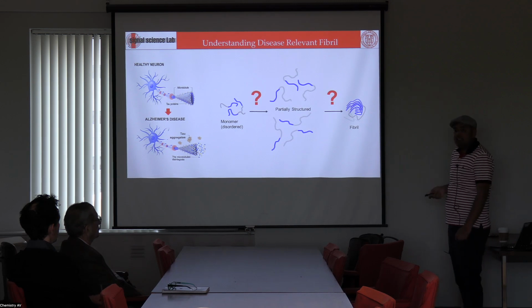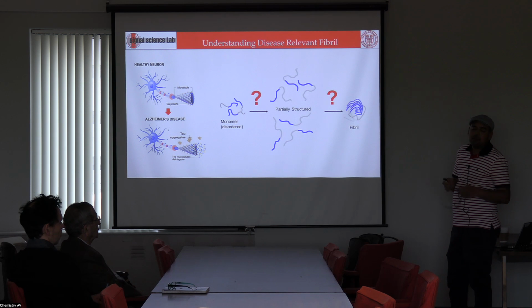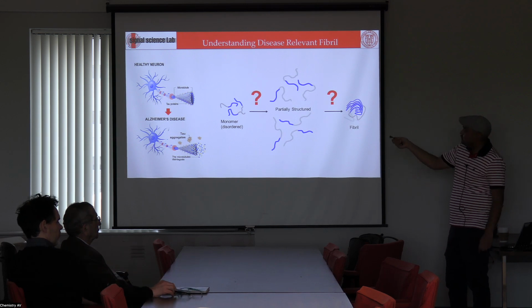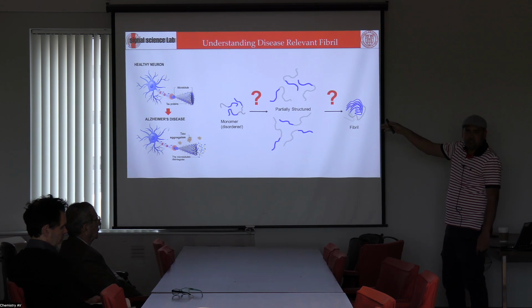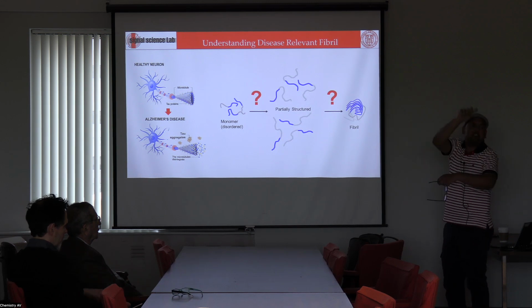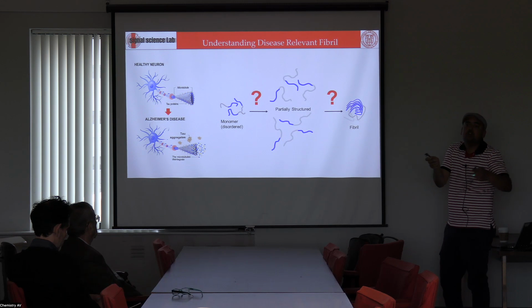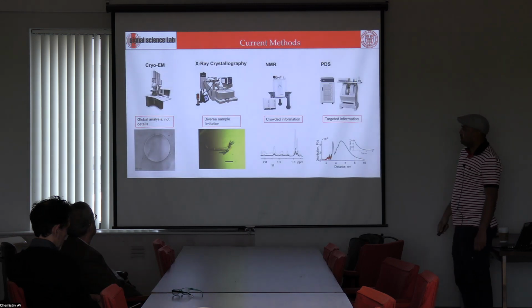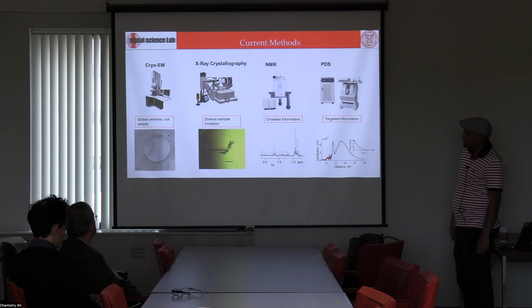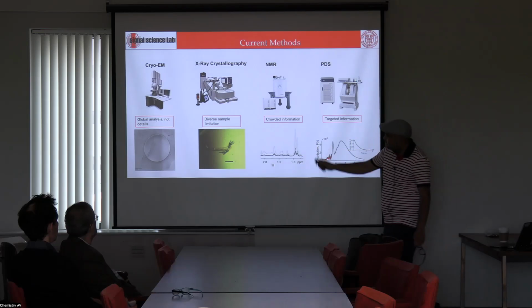But there's an underlying assumption, or I'll say good estimate, that although they are IDPs, they do have some partial structures within them, like the snakes. Snakes can potentially have all kinds of orientations, but they only form certain orientations, and one of those orientations can be disease related. So cryo-EM gives you a global analysis, the overall picture of tau.